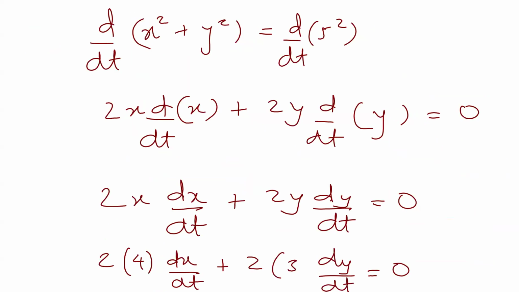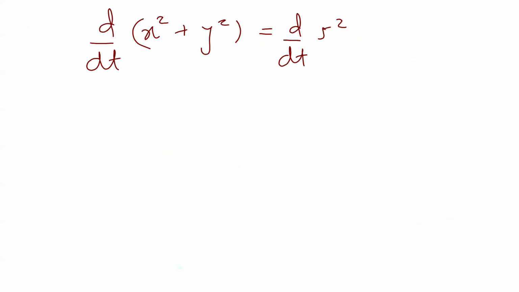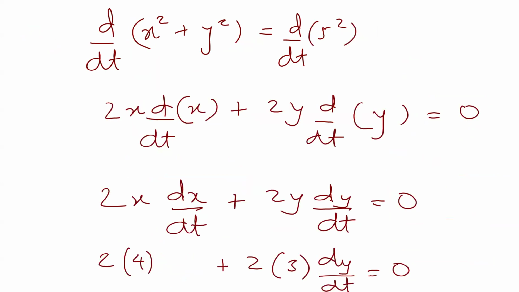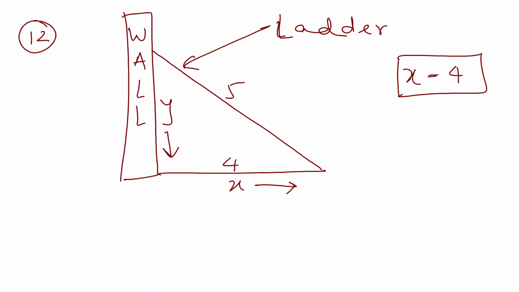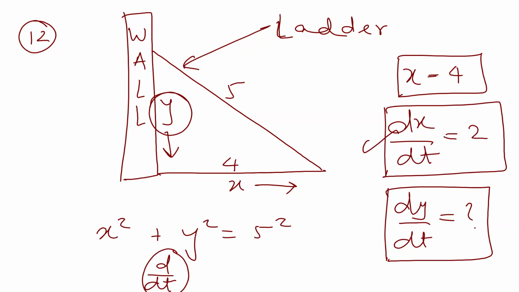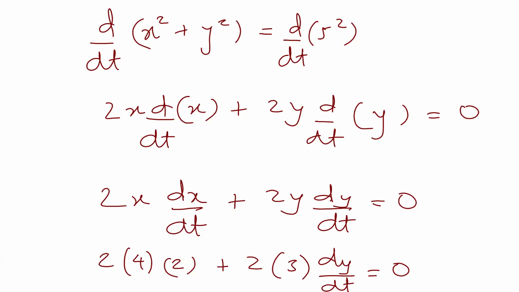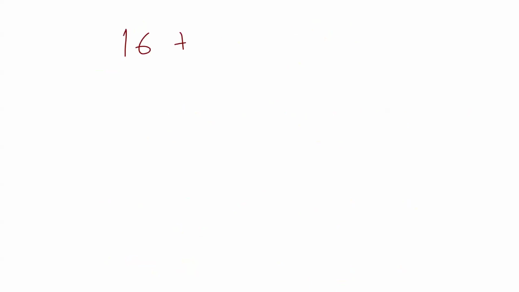So 8 dx by dt plus 6 dy by dt. Oh sorry, dx by dt value also we know. dx by dt is 2. It's given to us in the problem. The initial value of y we calculate using Pythagoras theorem. So this will be 16 plus 6 dy by dt is equal to 0.